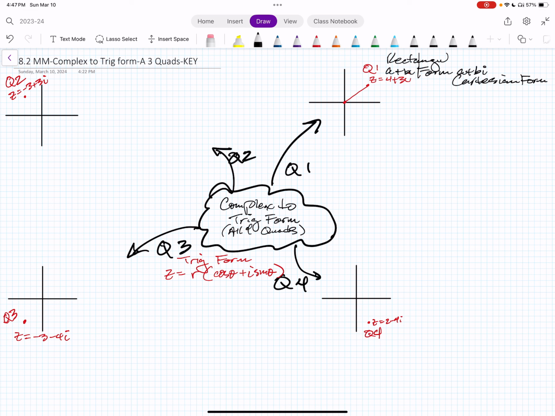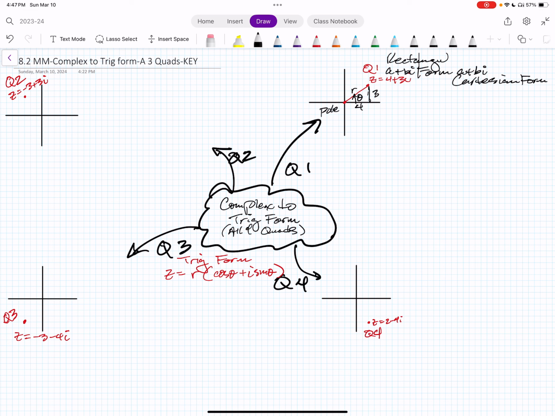Here our Cartesian or rectangular form is 4 plus 3i. And what we want to do is find the modulus and the polar angle to get that in trig form. So first, we have 4 for a and 3 for b, the real and imaginary components. Theta is some quadrant 1 angle, and r is the distance from the pole to the point.